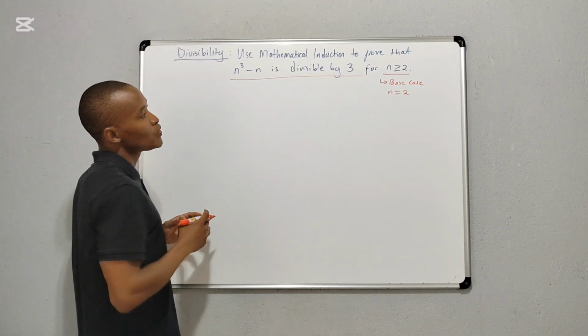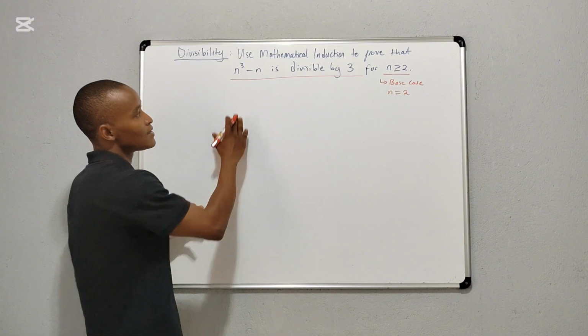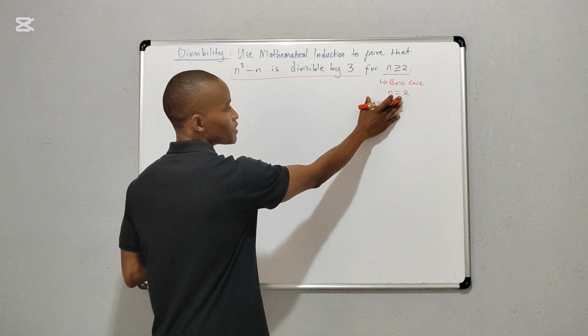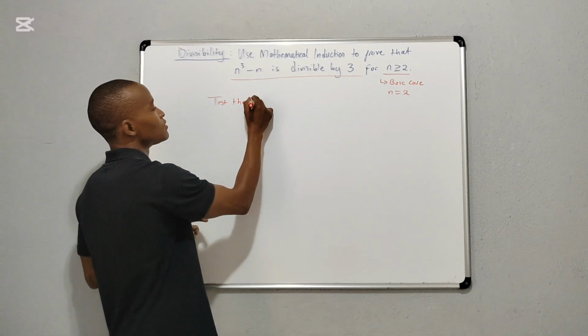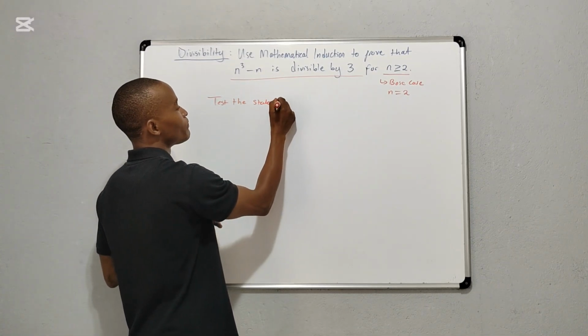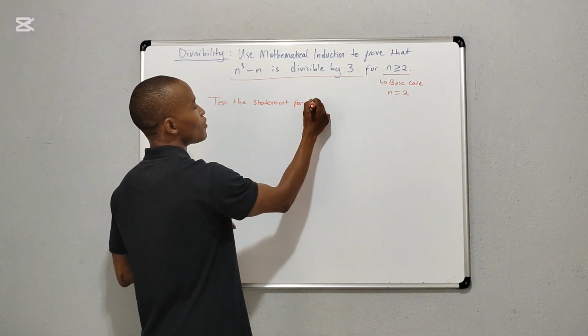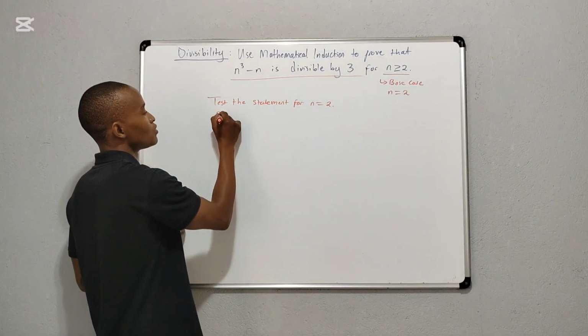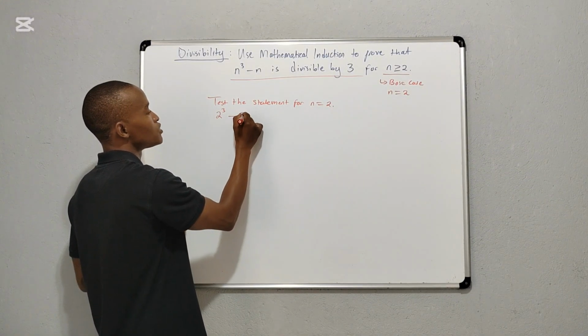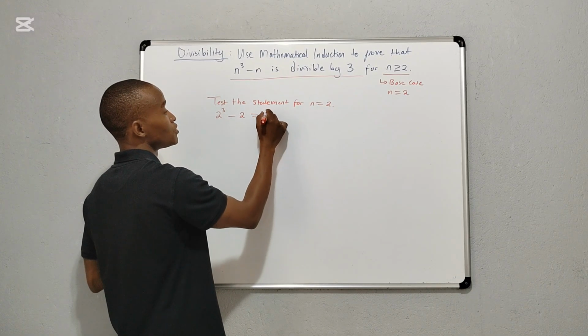Good. So what do we need to do? Test the given statement for the base case. So test the statement for n equal to 2. Right. So we go 2 cubed minus 2 is equal to 6.